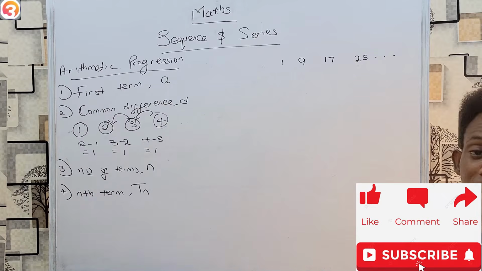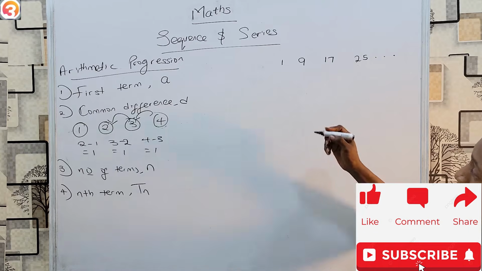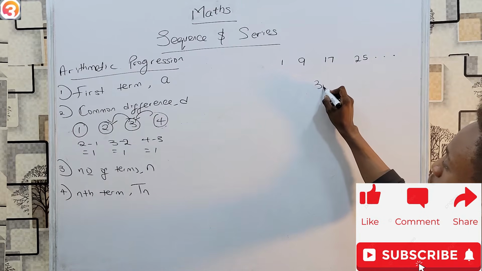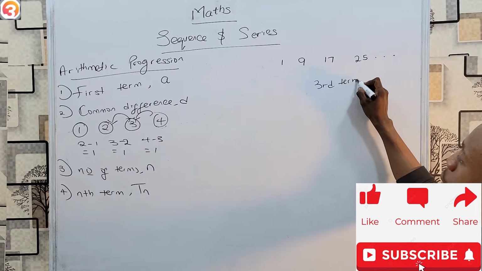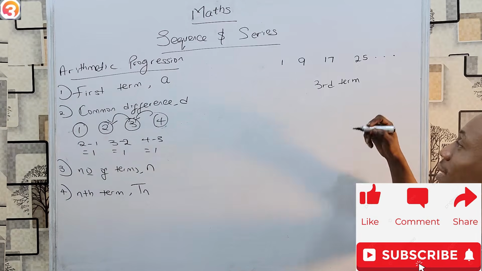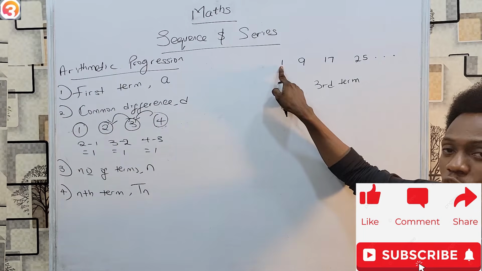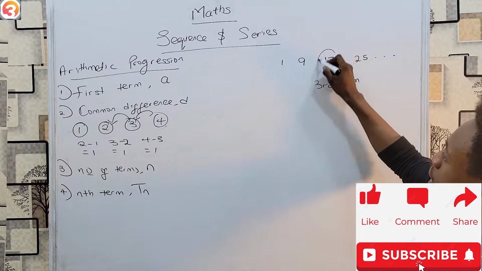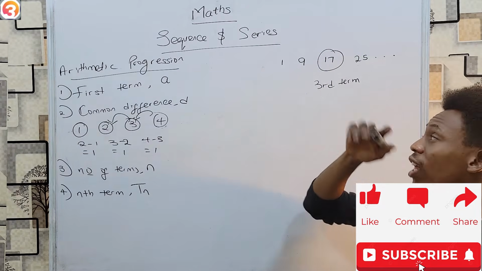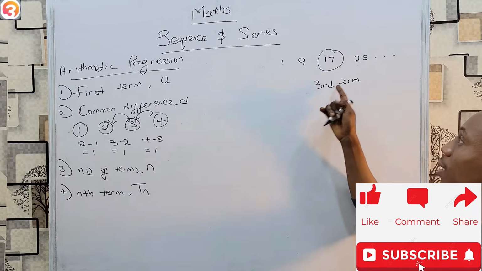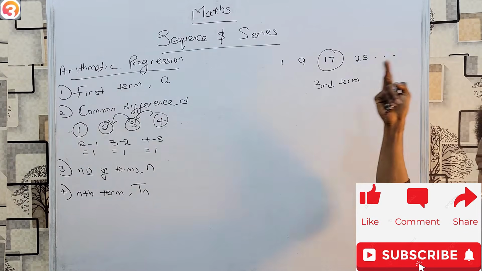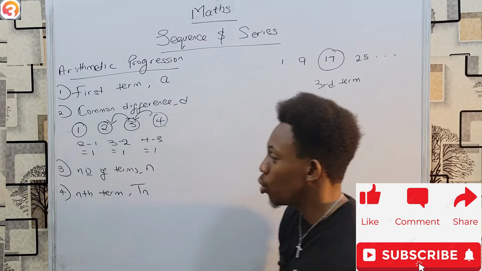So now we know this is an AP. Now, if you are asked to find any nth term, let's say we're told to find the third term, what value occupies the third position? First position, second position, third position. That makes 17 my third term, 25 will be the fourth term, and that's simply how it works.